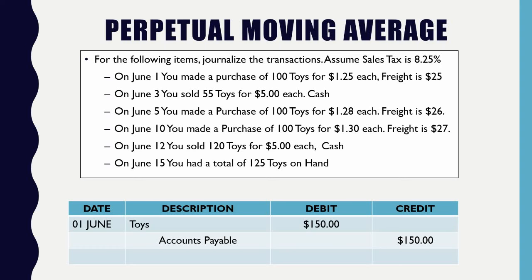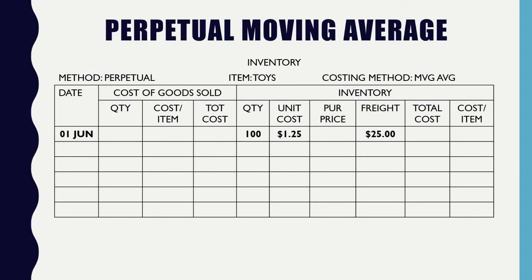So here, our first example is that we are looking at June 1st, where we made a total purchase of 100 toys at $1.25 with the freight of 25. Okay? So we're going to pop it in right here in our inventory table. 100 units at $1.25 gives me 125, plus my freight to give me my total cost, which is 150.